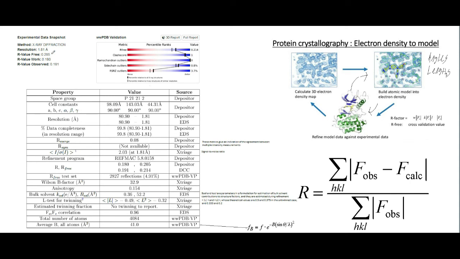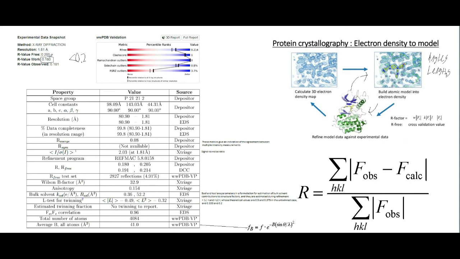And up here we want our R factor to be less than 0.2. So you can see here, this is from a crystal structure that I obtained in my undergraduate research. You can see we got an R value here of 0.180.